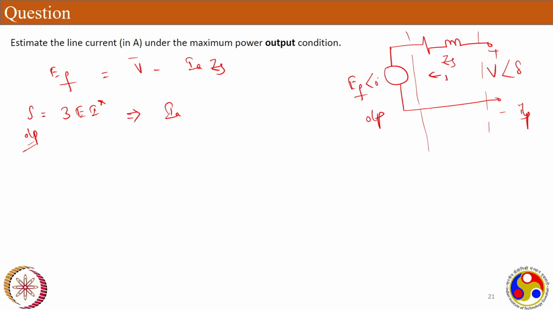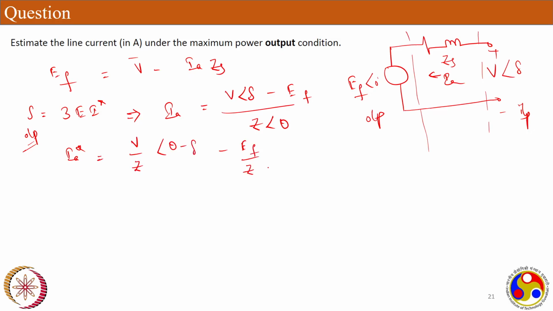The current is in this direction. So I would be V at an angle delta minus EF divided by Z at an angle theta. Now IA star would be V by Z at an angle theta minus delta, the conjugate of it, minus EF by Z at an angle theta.